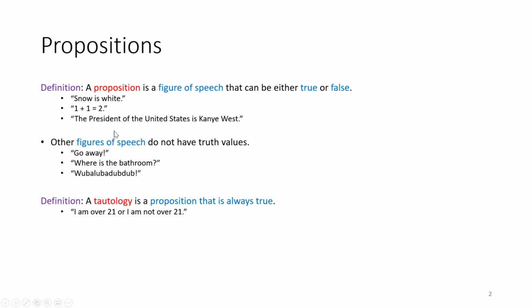Some of these propositions that we have up above, for instance, the President of the United States is Kanye West. That one's currently false, but it could potentially be true, maybe in a future time, given some different circumstances. Snow is white is true. Again, we might be able to imagine circumstances when it is not, where there's the famous rule of thumb, never eat yellow snow.